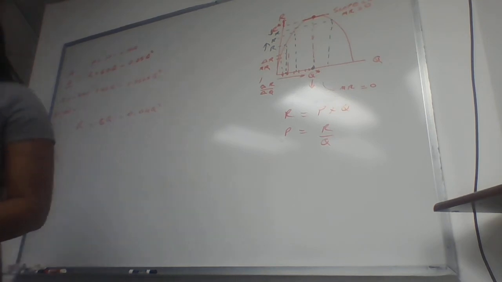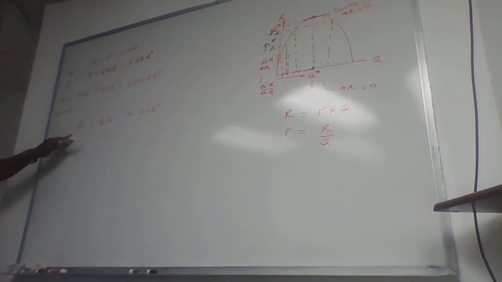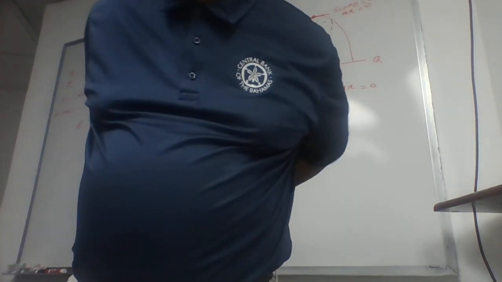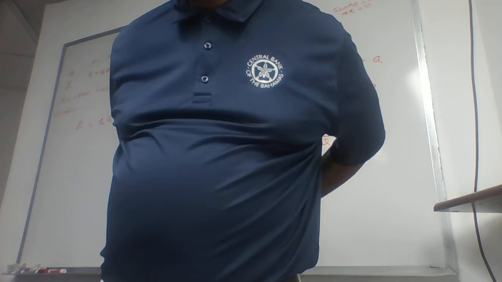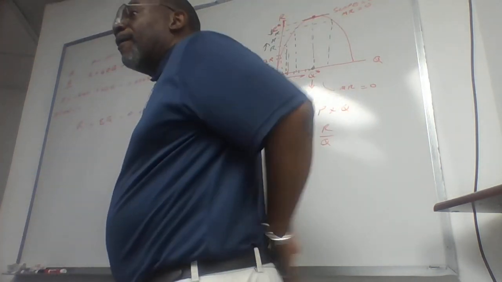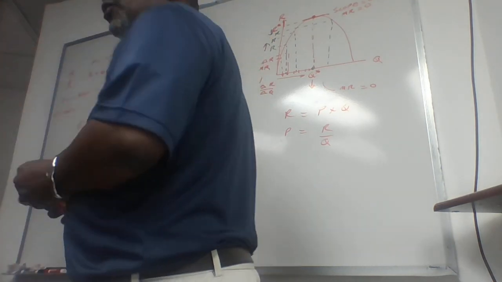All right, so here's our revenue equation. You need to find your marginal revenue, set it equal to 0 and solve it. How do you go about finding your marginal revenue? Whenever you see marginal anything, you know you have to use your rules of differentiation.